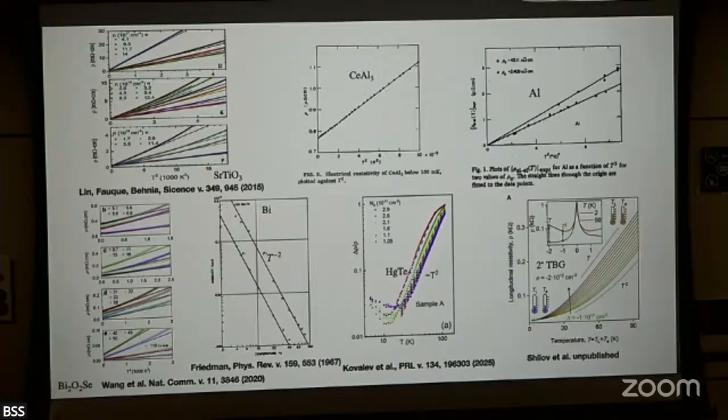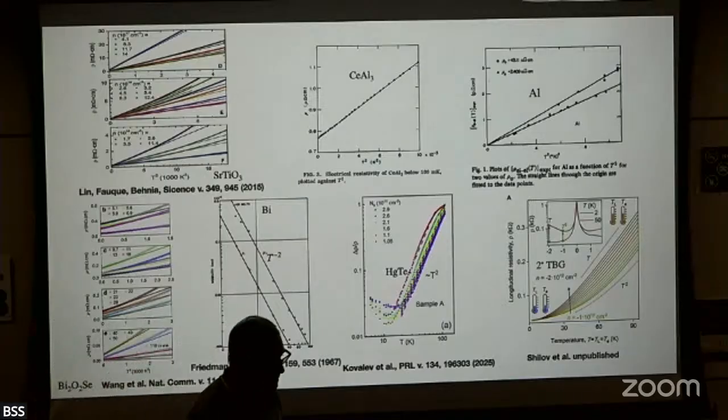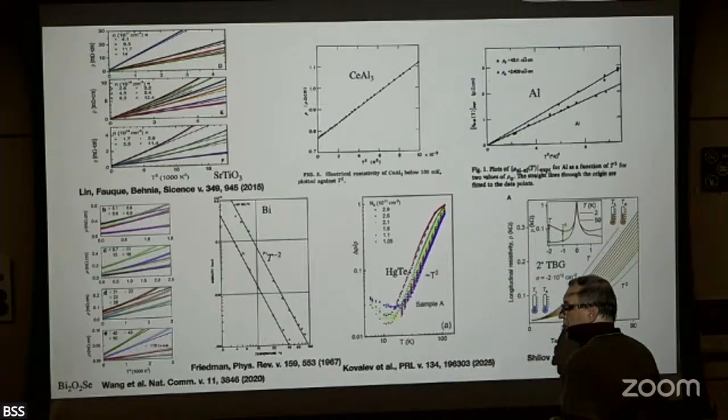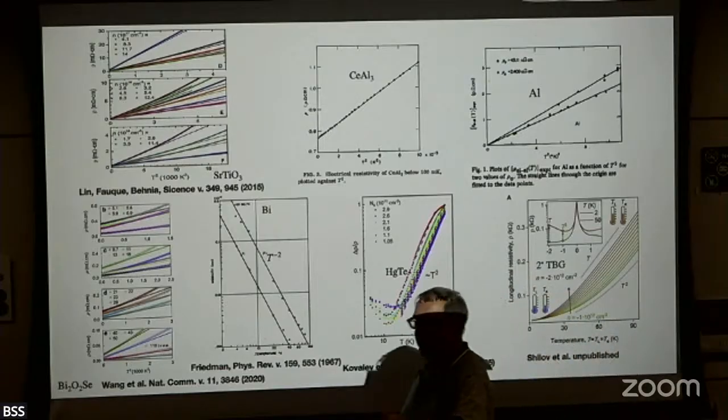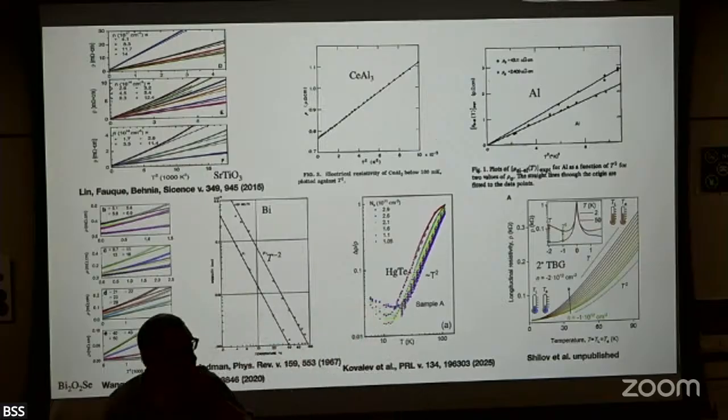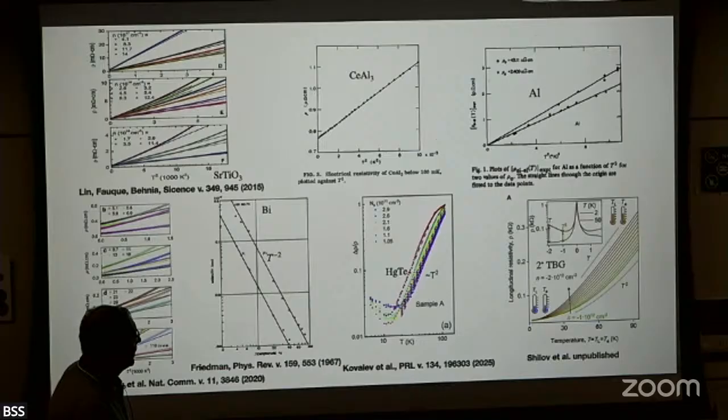And finally, this is the data which Josh and I are still working on in our collaboration with Denis Bandurin's group. This is twisted bilayer graphene, away from the magic angle. This is 2 degrees, so it's not a superconductor. And the T-squared in a wide interval of number densities, both above and below the charge neutrality point.